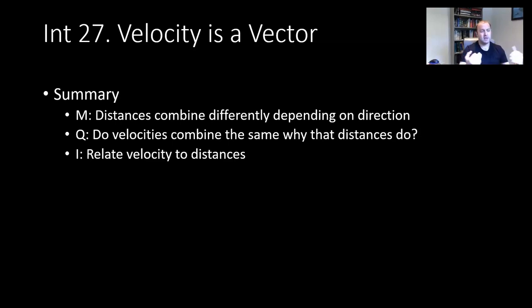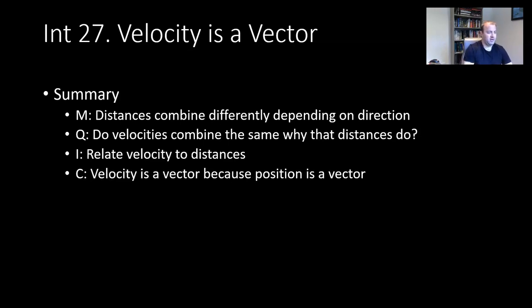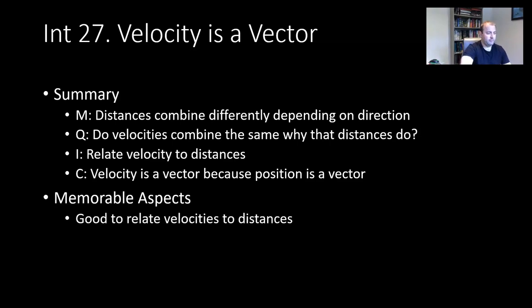And it turns out that, if you keep the times the same, that means the velocities combine in a very similar vectorial way. So because velocity is a vector, because position is a vector, that's basically what's going on here. I liked the relationship of velocities and distances. This is obviously a connection that needs to be made.